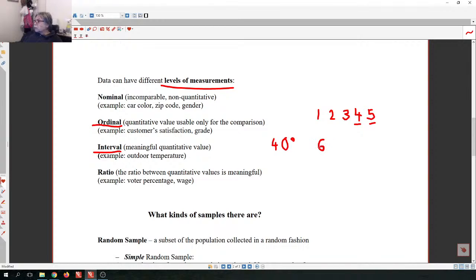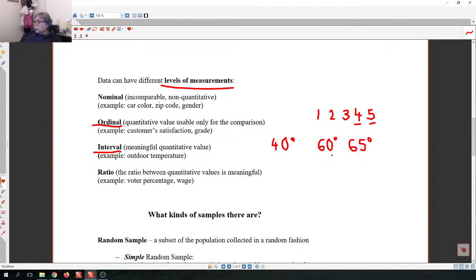Then you have 60 degrees Fahrenheit, which would be relatively okay, I guess, for walking. And you can have 65 degrees Fahrenheit, which would be a little nicer and probably a nice day to walk around, right? So what I know here is that 65 is better than 60 and 60 is better than 40 in terms of how I feel outside, right?